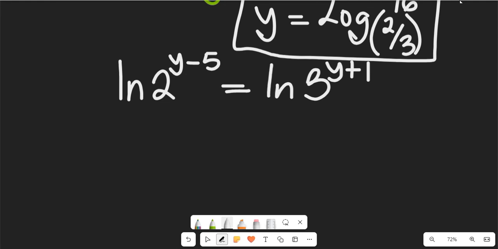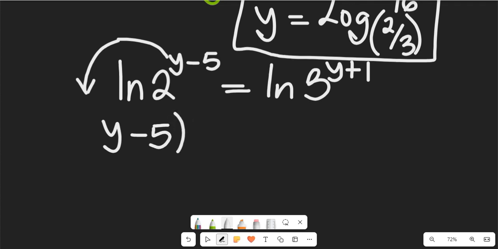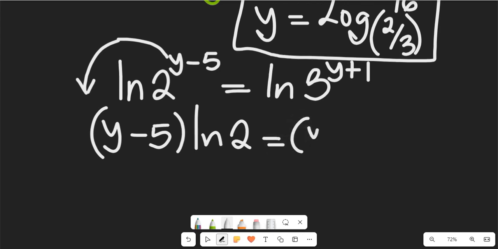So according to the law of logarithms, this power is going to come over here to multiply the natural log. Same goes with the other side. So we are going to have y minus 5 multiplying the natural log of 2, right? And this will be equal to y plus 1 multiplying the natural log of 3.